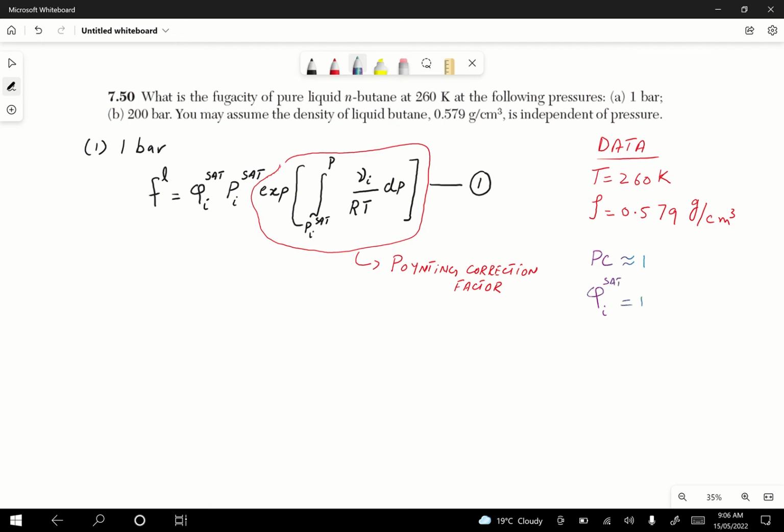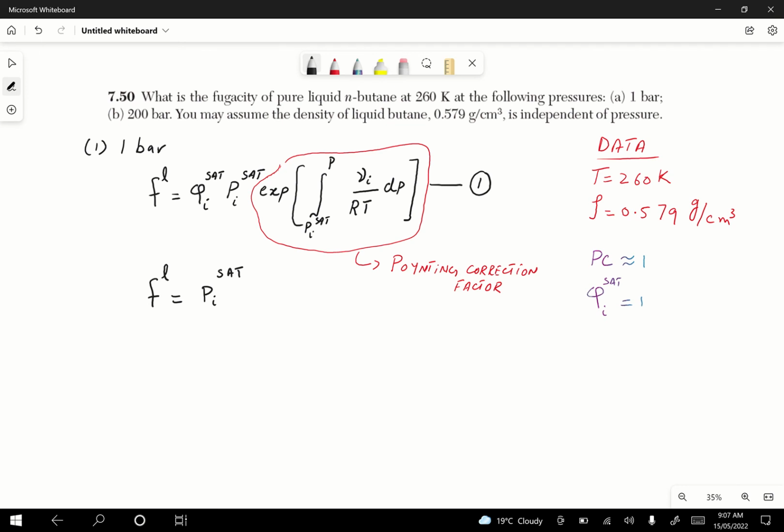As a result, fugacity of liquid is equal to saturation pressure, right?